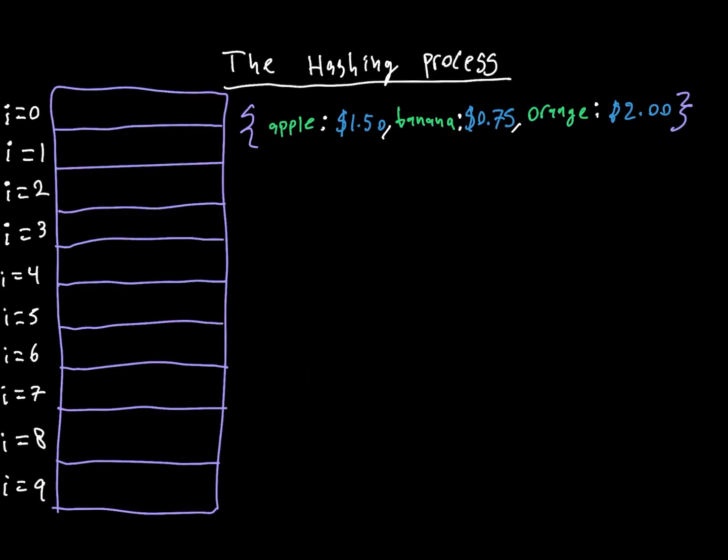Let's take a look under the hood for a hash table's operations. Under the hood, a hash table actually uses an array. So for the hashing process, what happens is you take a key, you pass it into a hashing function.